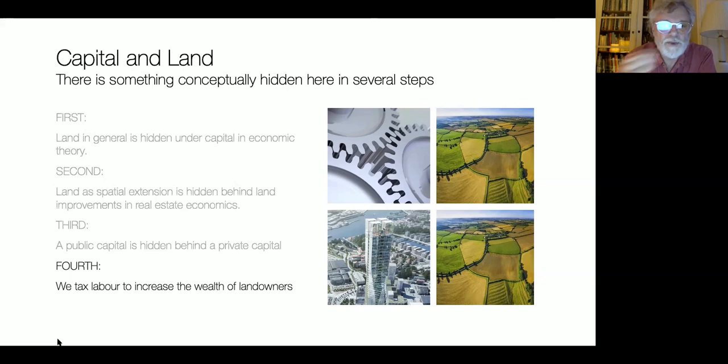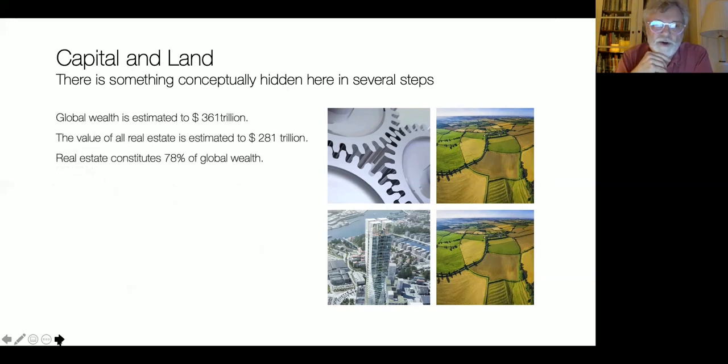And these are not small numbers. If you start to look at how much of the global wealth is actually in real estate, we can see that global wealth in total is estimated to about $361 trillion, whereas the value of all real estate globally is estimated at $281 trillion.